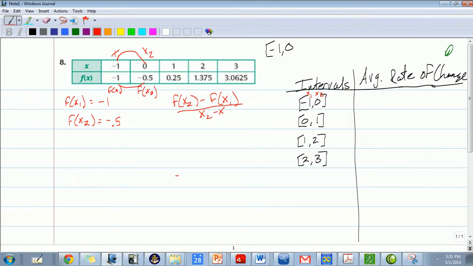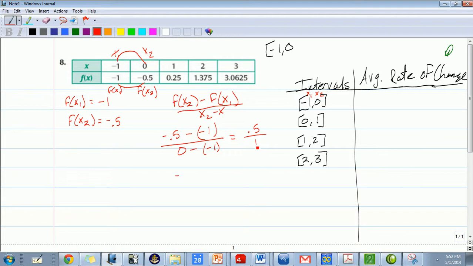Plugging in: negative 0.5 minus negative 1, all over 0 minus negative 1.